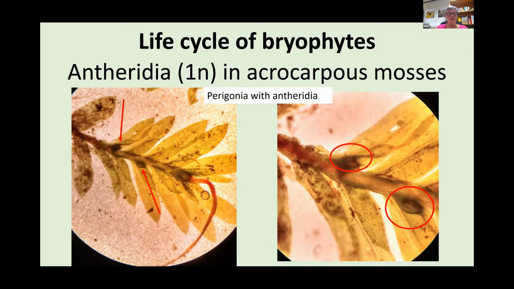And then in the leaf axils, where the arrows are pointing, it has the antheridia held in a perigonium, which is basically, again, a modified leaf that holds the antheridia inside. And they are inside the pocket of the leaf of Fissidens.